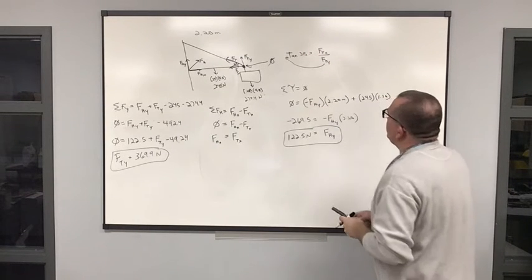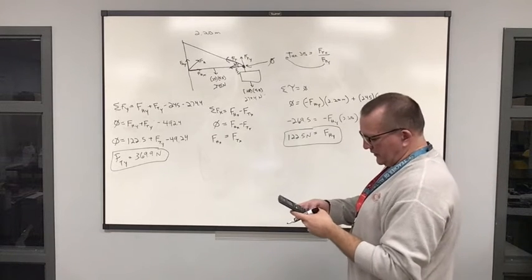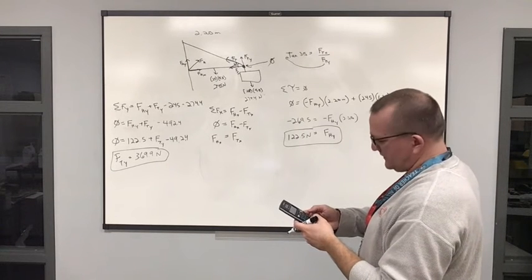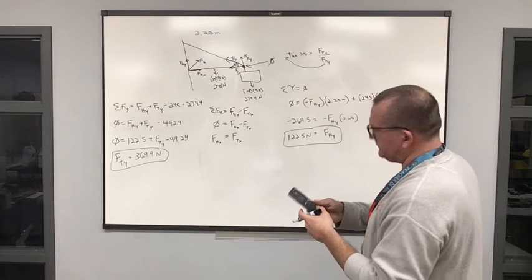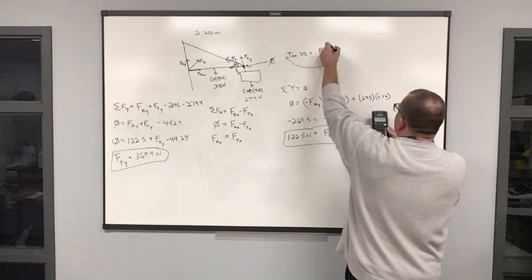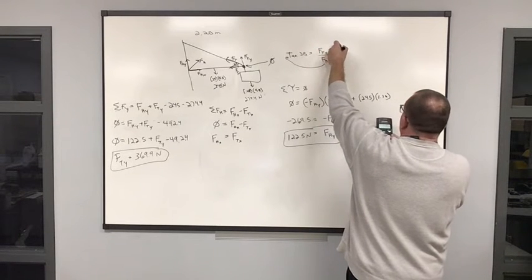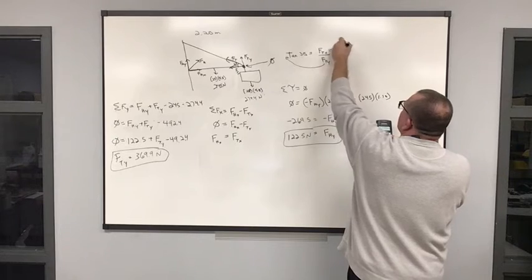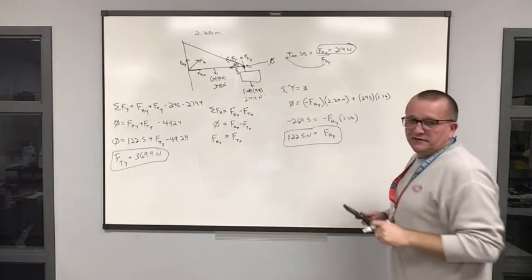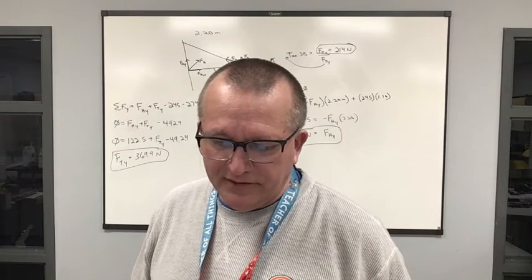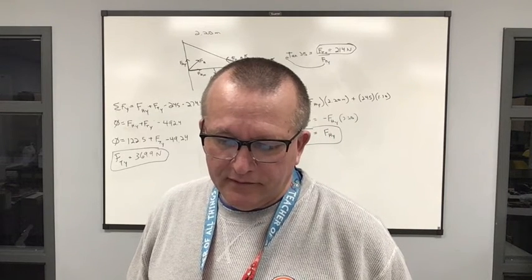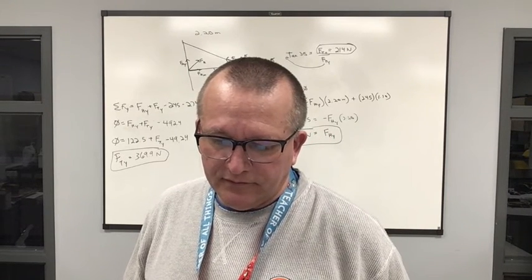I multiply both sides by that, I can find my F tension of x. So F tension of y is 369.9 times the tangent of 30, and F tension of x will now equal 214 newtons. All right, so now I have 214 newtons for F tension of x.